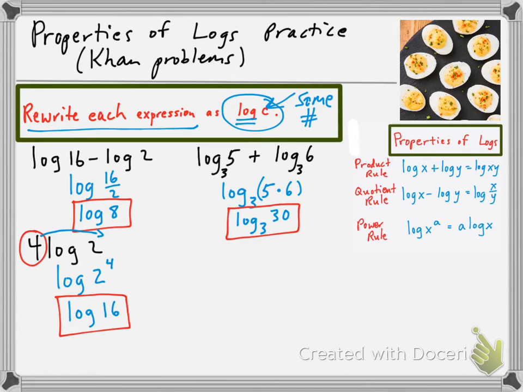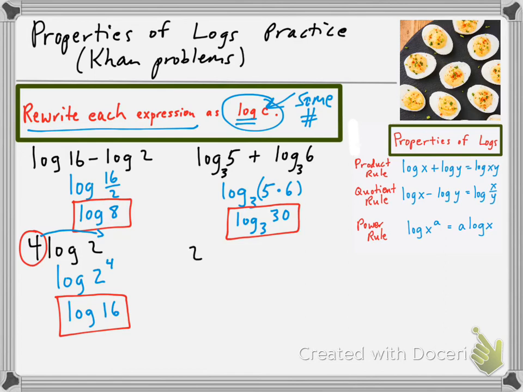And we did that early on. Maybe you could estimate that right now before we go on to the next example. But 3 raised to the 3rd power is 27. 3 raised to the 4th is 81. So this log base 3 of 30 would be a little bit more than 3, or a number between 3 and 4.